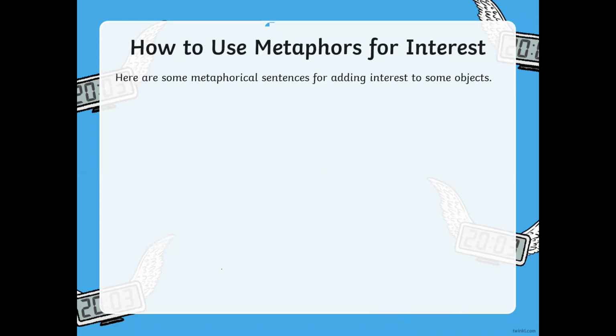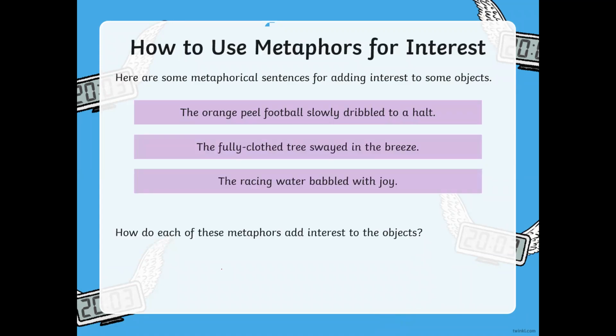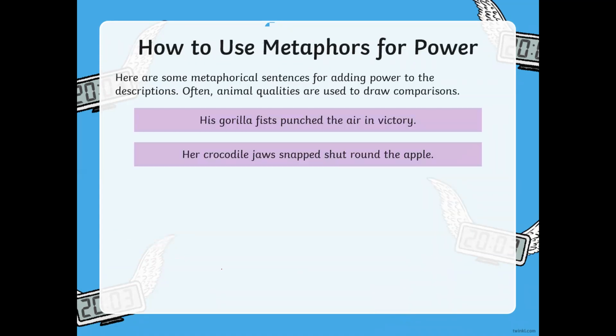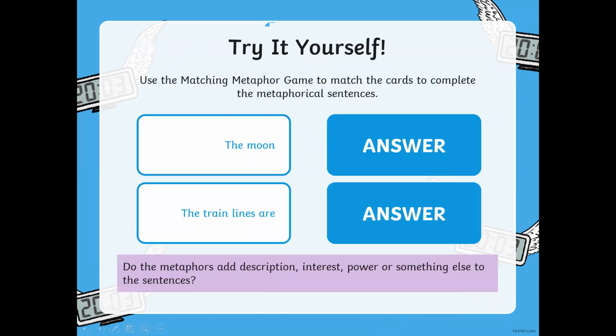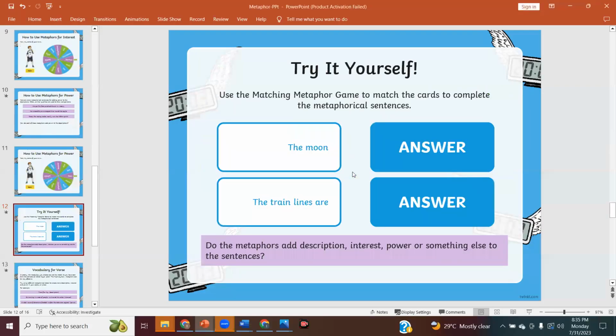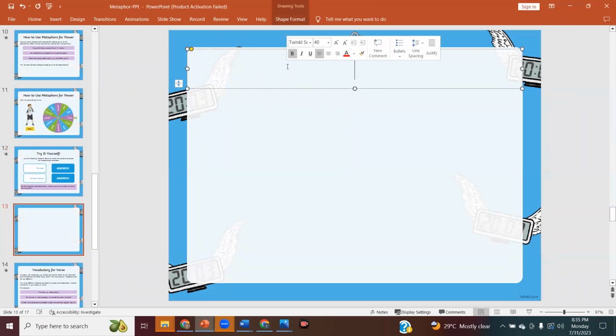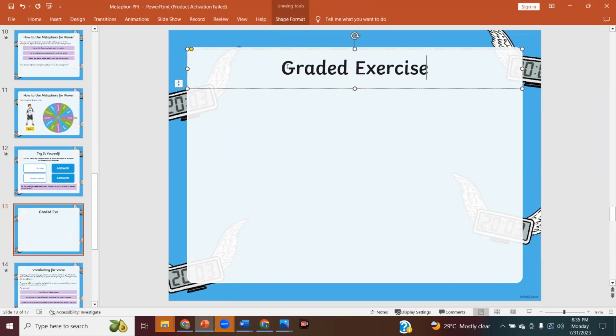All right, so let's do the graded exercise. Do it in your book, and once you finish, take a picture of it and send it to me via WhatsApp.